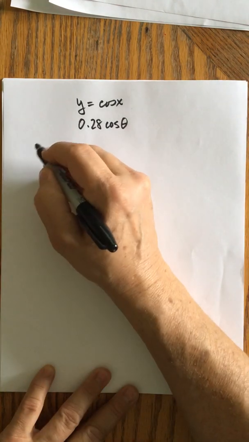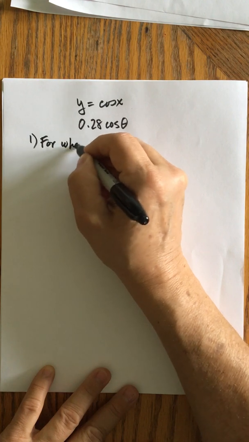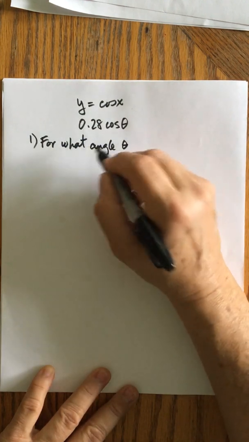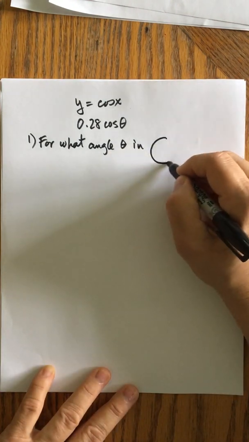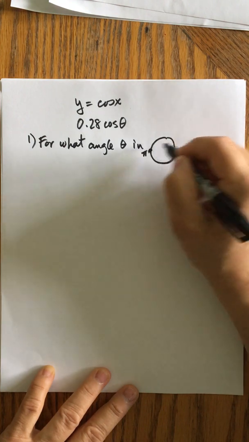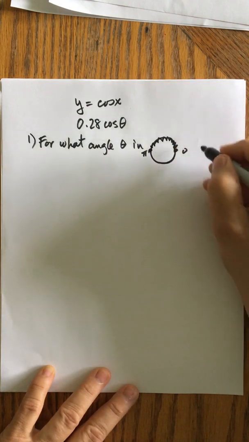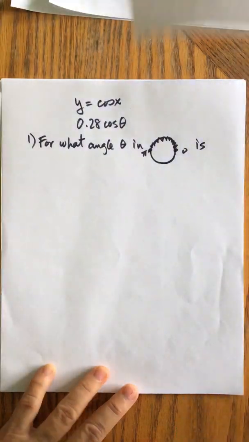All right, so what I want to say is, for what angle, and you don't even have to write angle, you can write theta, now where am I allowed to look? Since it's cosine, you're allowed to look between 0 and pi, and anywhere in here, right? So 0 and pi are included. Is, now understood, the trig ratio, right?